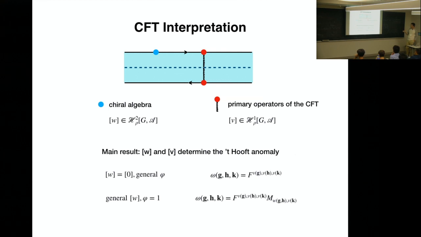And in this case, I can have a completely general permutation on this invertible defect line, which means I could have a non-diagonal partition function. In the other case, where I allow a general fractionalization class, then assuming a diagonal partition function, I can get this 3-cocycle in terms of the same F, but we have another factor here that's written in terms of a braiding between the W and V.